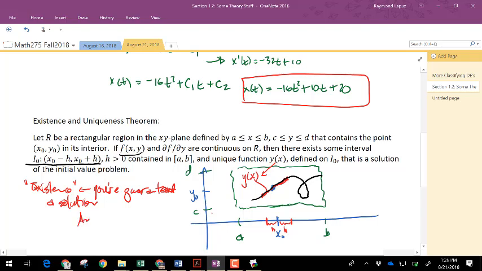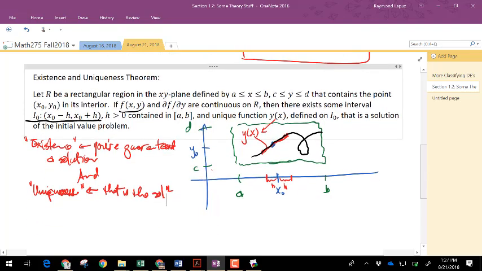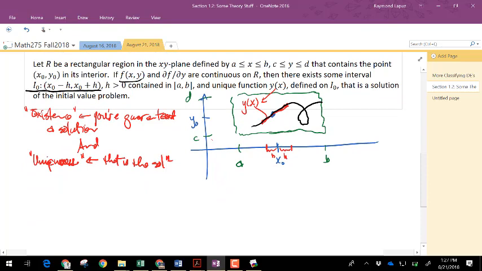And the uniqueness part means that is the only solution. That the solution is unique means there's no other solutions other than the one that you found.